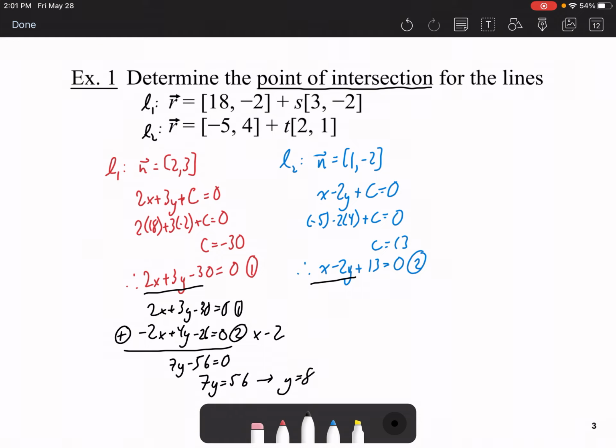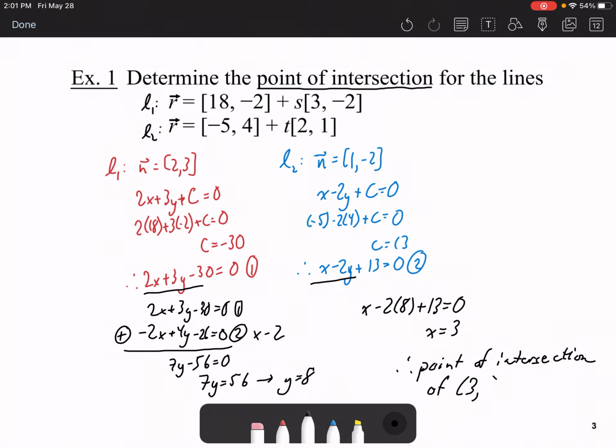So I get a y value of 8. Now we just take that and substitute it back into one of our equations to solve for x. So I get a point of intersection here of 3 and 8.